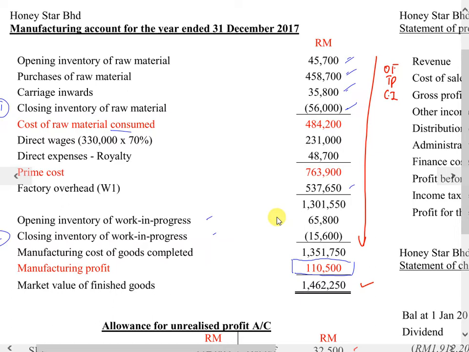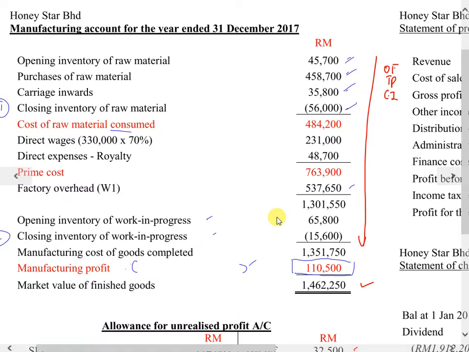But they say to transfer at 1462, everyone must put there 1462. Understand? So what do we find from here? We find the manufacturing overhead. You can show here as balancing figure, or you can show 1462 minus 1351 to get this. With the working, you get a mark. Or you write there balancing figure, yes, you get a mark. The answer here, different student, different answer, you still get 4 marks.